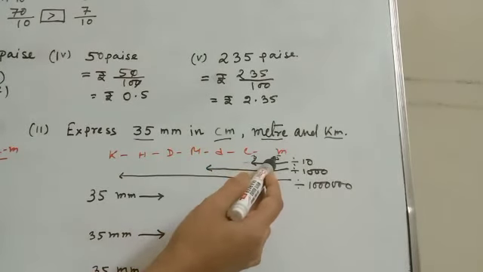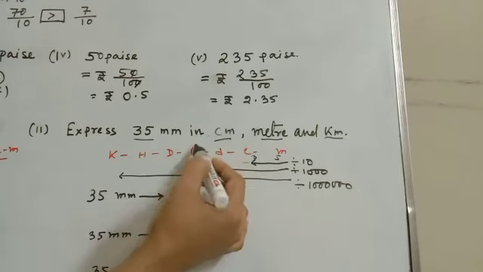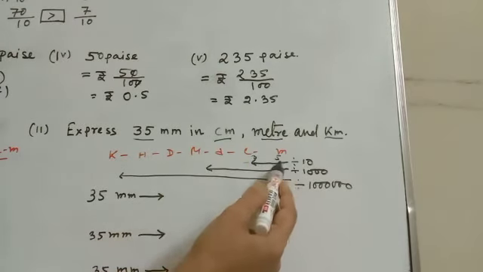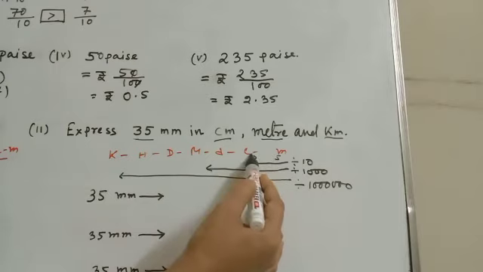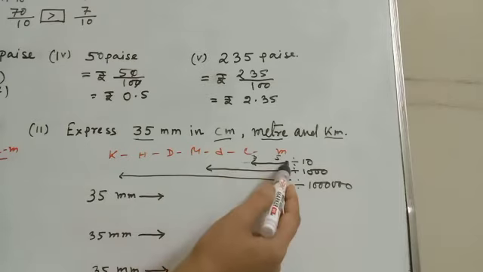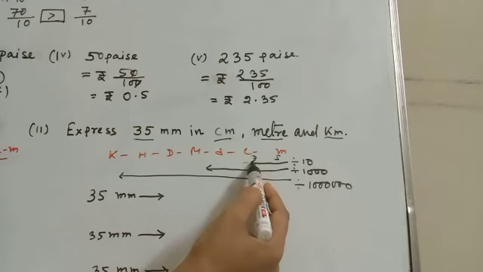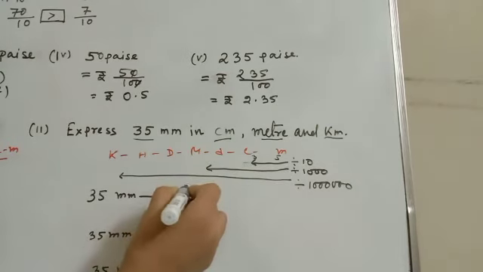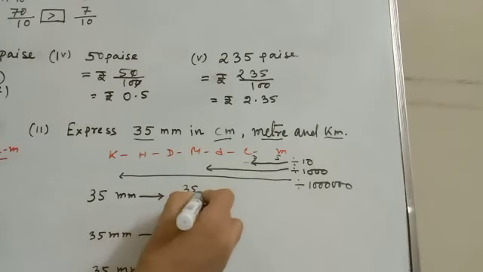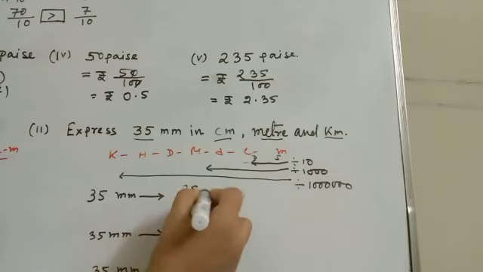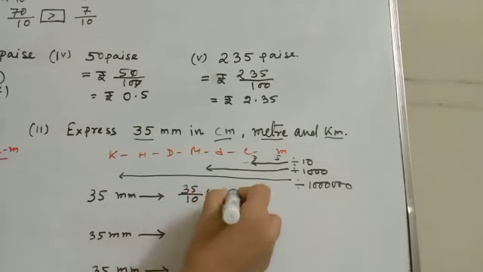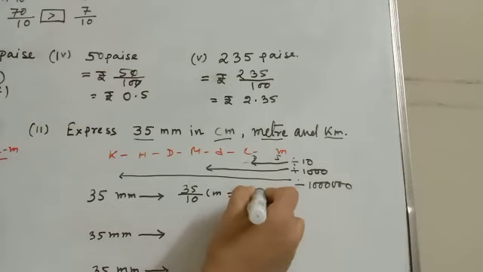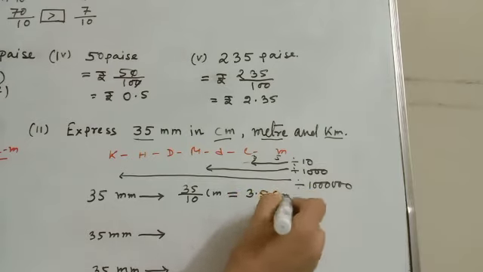As you want to convert it into centimeter, you will divide it by 10, because from millimeter to centimeter you only need to move one place to the left side. So 35 divided by 10. Now it has become centimeter. The result is 3.5 centimeter.